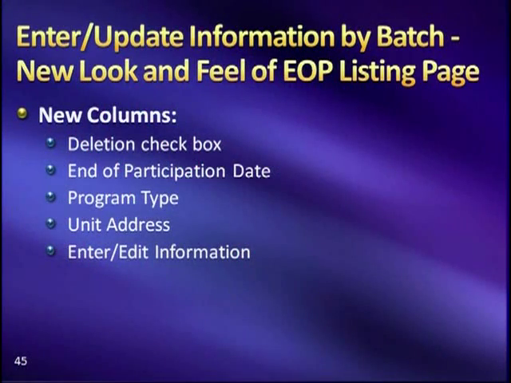You'll notice the new columns for the EOP listing: we have a deletion checkbox, an end of participation date column, a program type column, unit address, and enter edit information column.